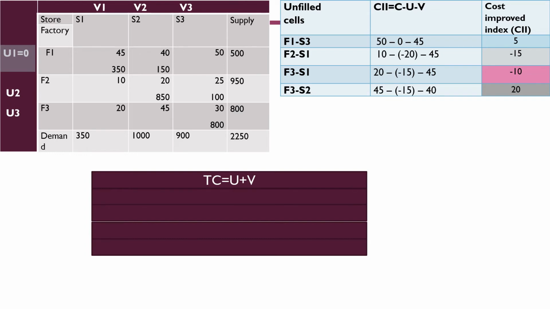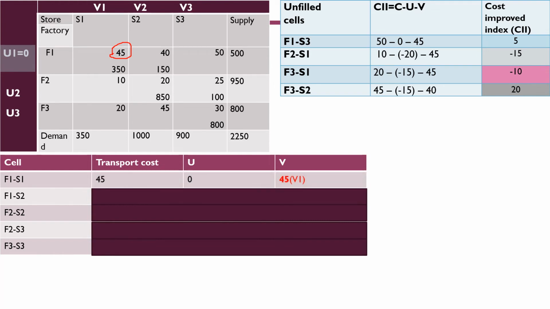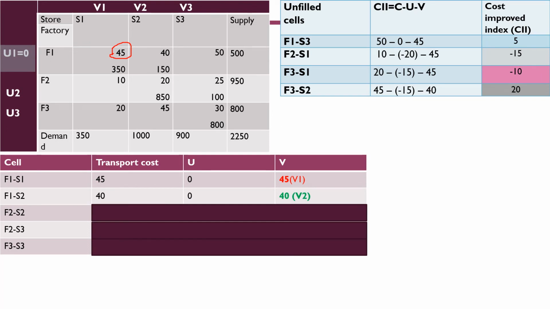Now, how to calculate the transport cost? Here we are assuming that the transport cost is represented by the column values and the row values. Therefore, when the row value is 0, how to get 45? Then it should be the column. Therefore, we are putting 45 to the V value. Then the next one.